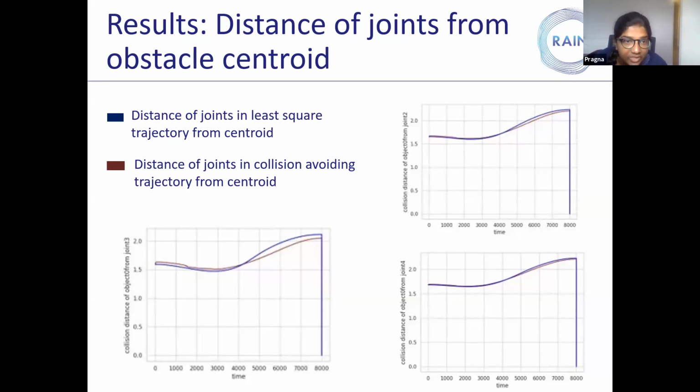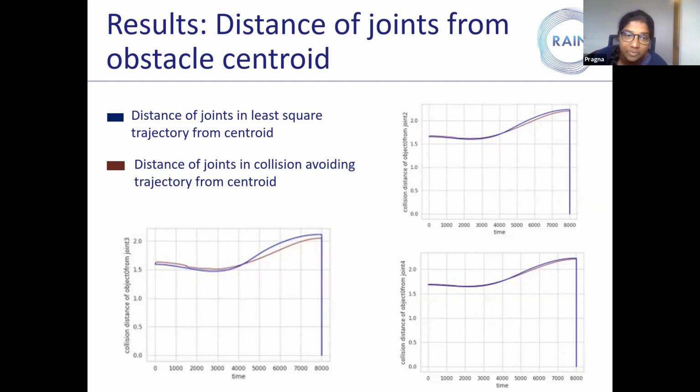Now here you can see the distance of the joints in the collision avoiding trajectory and also in the least square trajectory. They start at a similar point, but for joint 3, it moves a little bit ahead from the beginning, then it crosses and moves closer to the object at the end.